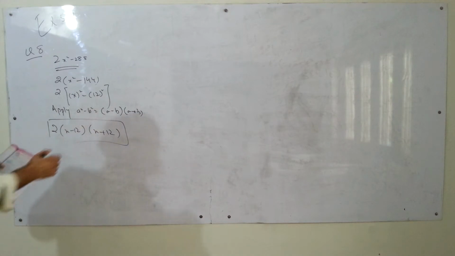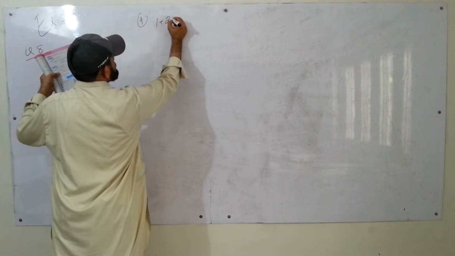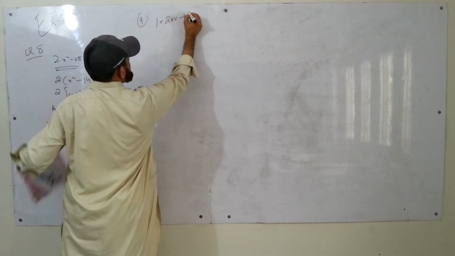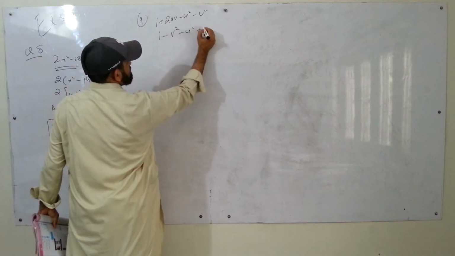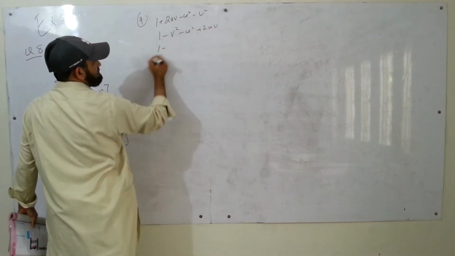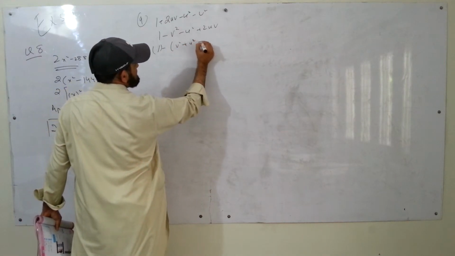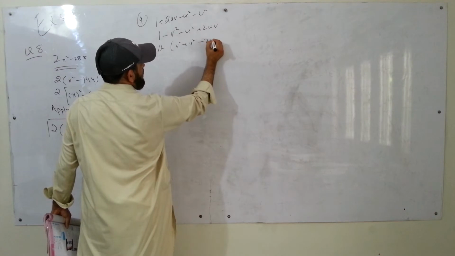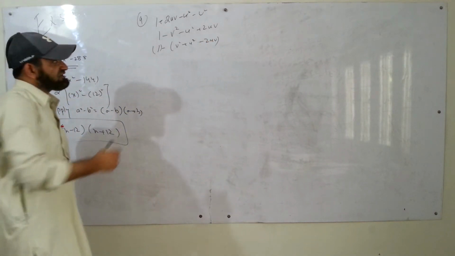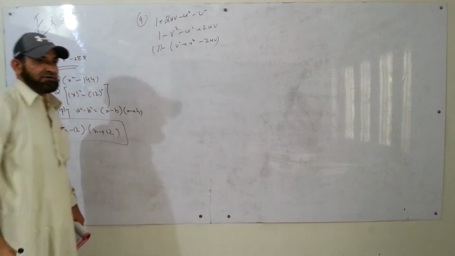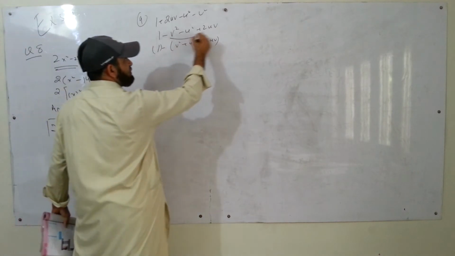Now question number 9. 1 plus 2uv minus u square minus v square. We arrange. Now, first bracket has the first, third, and fourth terms, and the second term goes in the other bracket. Why? Because in the previous lecture I said if we consider four terms, we make two brackets, but I make three terms in one bracket and one in the other, because it's a formula.